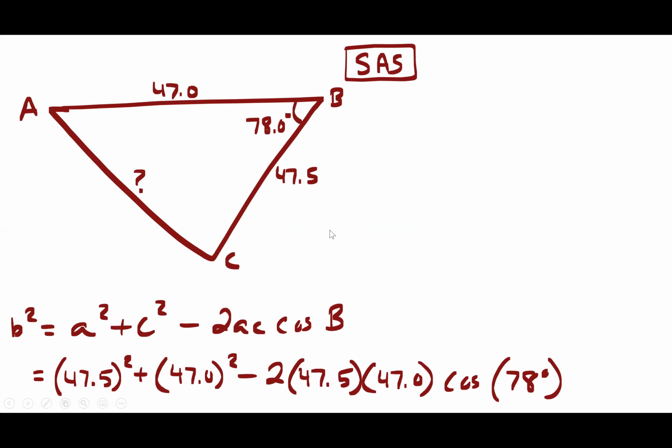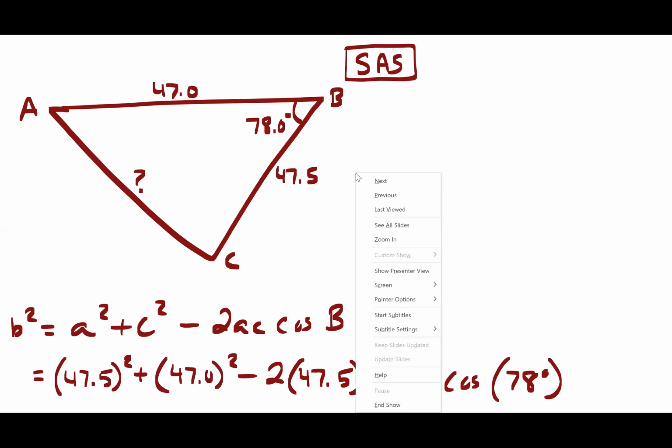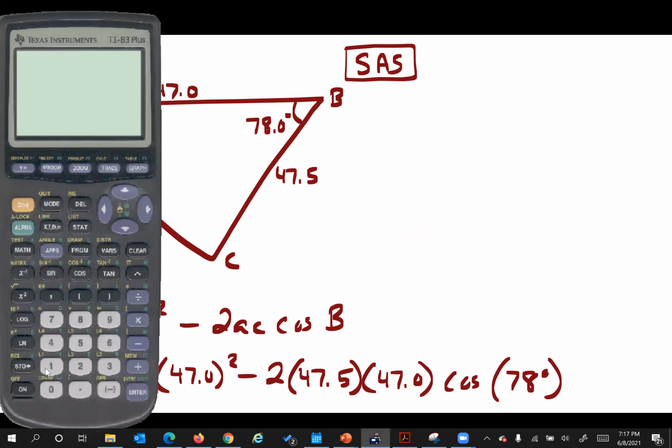I'm going to punch this into a calculator, see what we get. Okay, and don't forget after that, just also do a square root of that as well, right? So punch that in. Let's see what we got here.